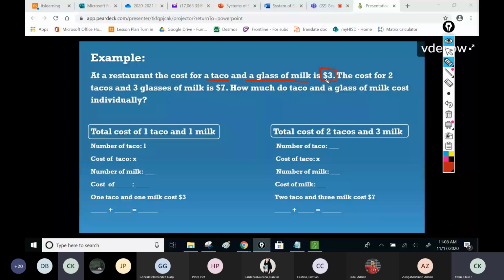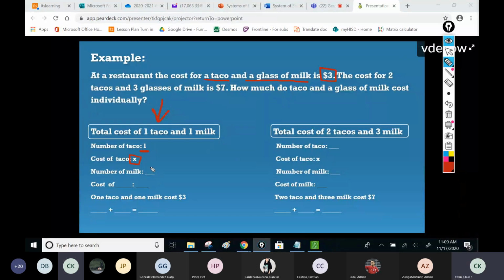So we can set up an equation based off of this. So the total cost of one taco and one milk. You have exactly one taco, and the cost is what you need to find out, all right? It's an unknown number, so it's going to be the x.